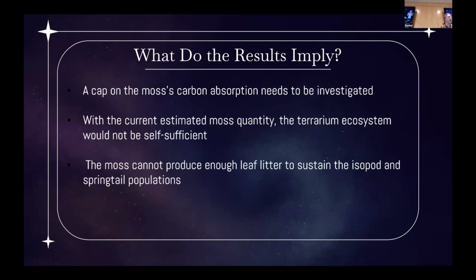But what it does indicate is that the current setup as is would run out of carbon for the decomposing leaf litter. So I believe the solution to this is implementing biomass growth of the moss into the model, and that should hopefully resolve that issue.